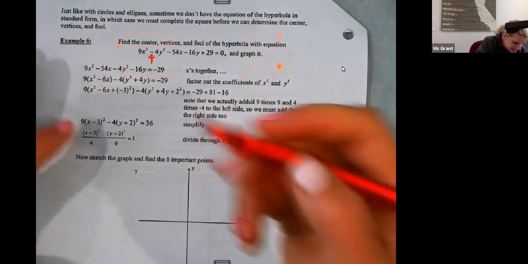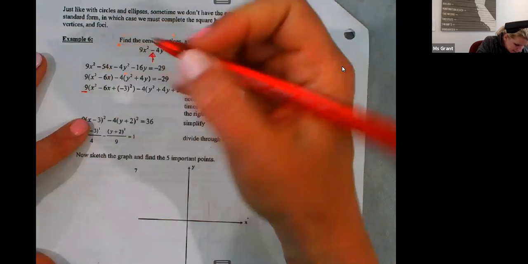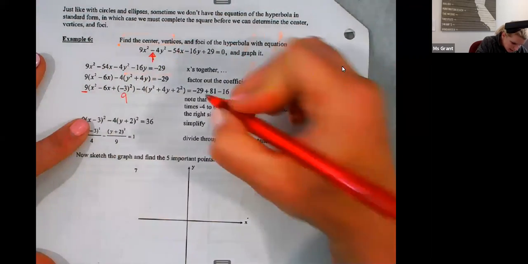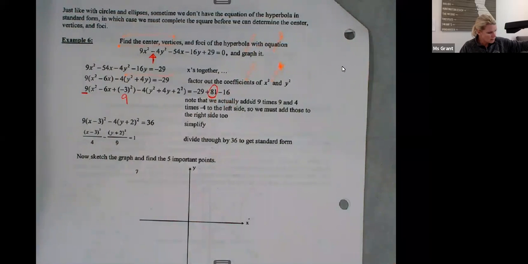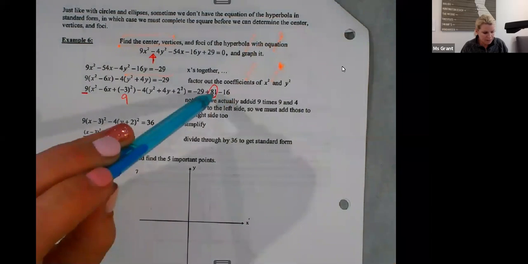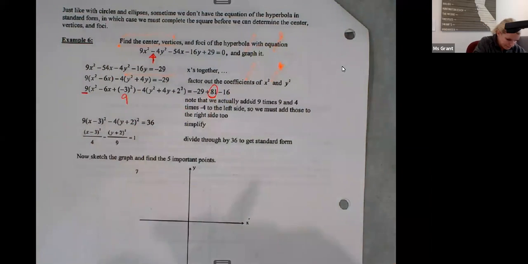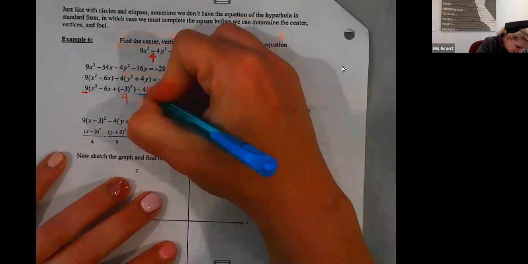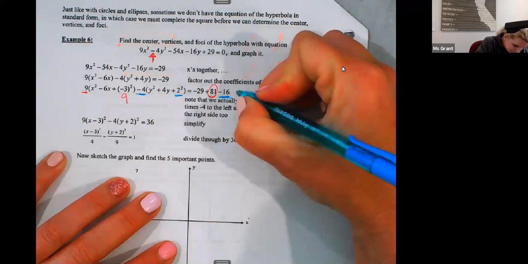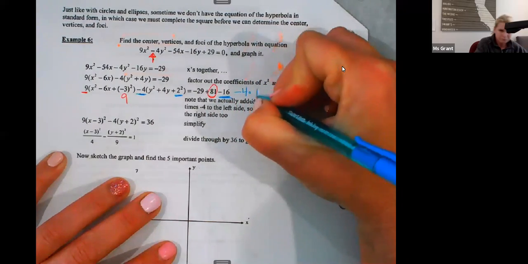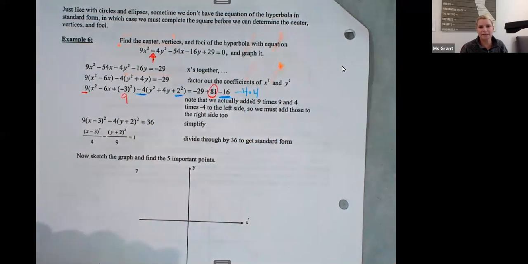So this 9 times 9, that's where the 81 comes from. I add the 9 times 9 on the left, which means that I have to do the 81 on the right. This is blue, -4 times 4, that's -16. Okay, that's where I got the -16 from.